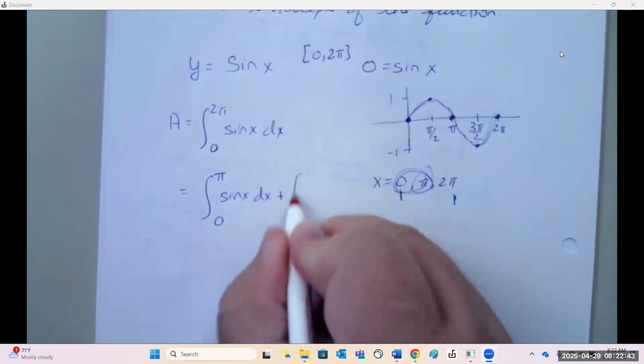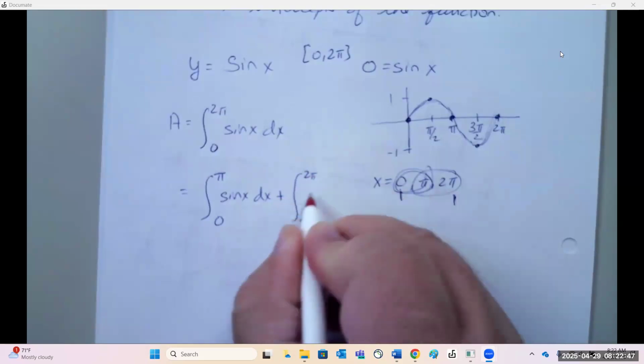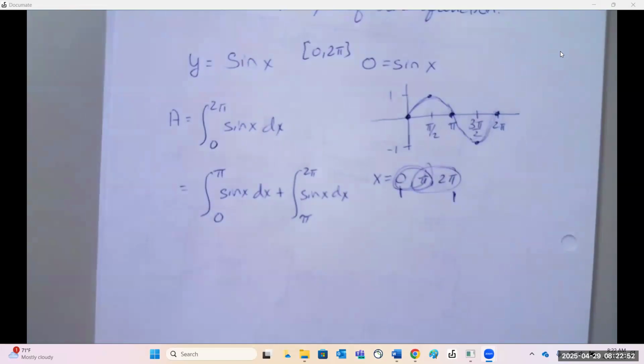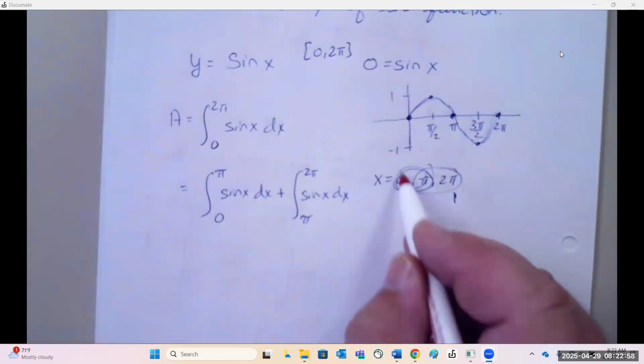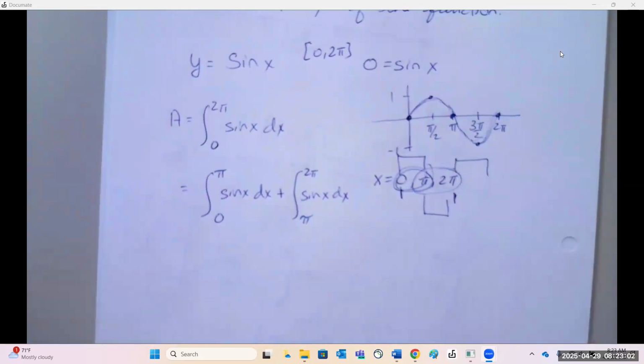And then we have to add the next one from pi to 2 pi. If you had multiple x-intercepts, you keep on going, always from here to here, from here to here.